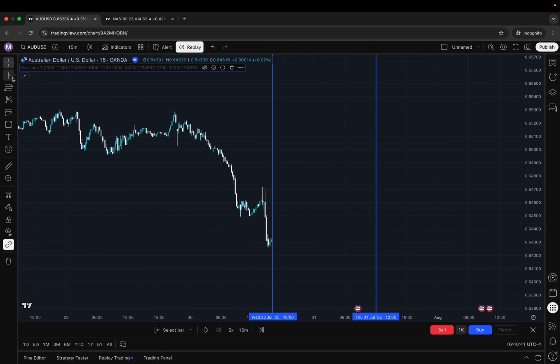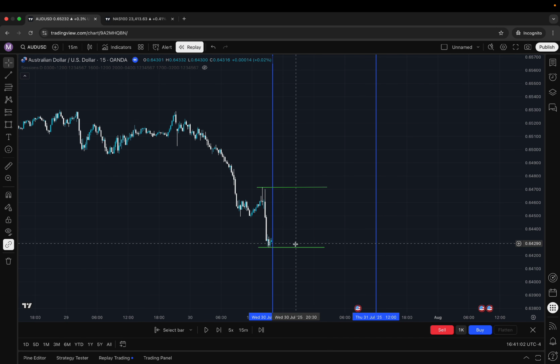So let's get started. The first thing I can see is our recent high and low. This would be our recent high, and this would be our recent low. Now, as I mentioned before, if liquidity were to get taken out right here, this would then become our new low, and this would be our new high.